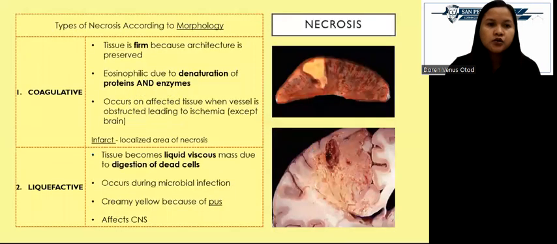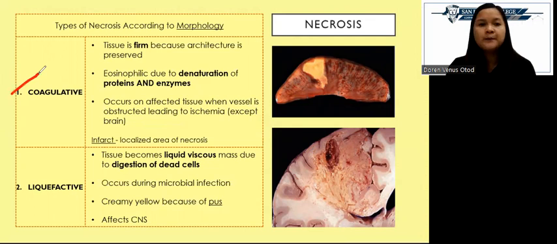Okay. So we have different types of necrosis according to appearance or morphology. Actually, we have five types of necrosis. The first one is coagulative. So the appearance of the tissue is firm because the architecture is preserved.